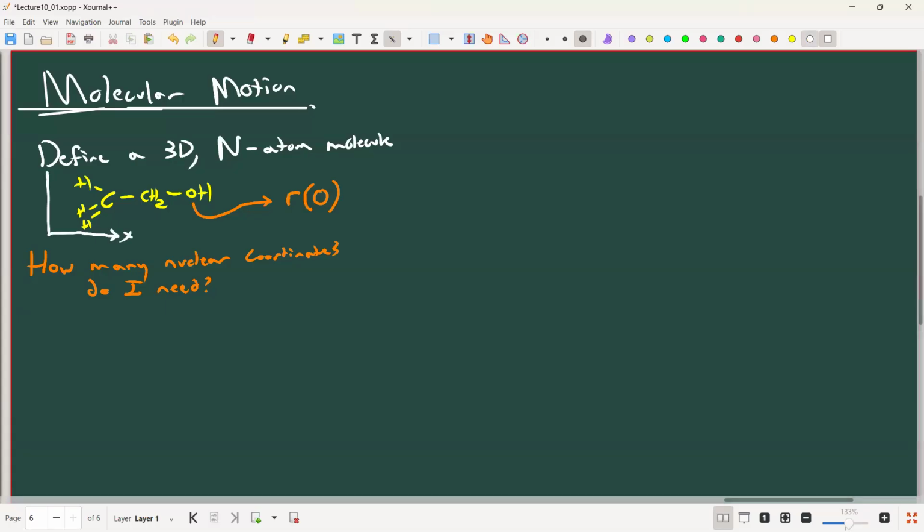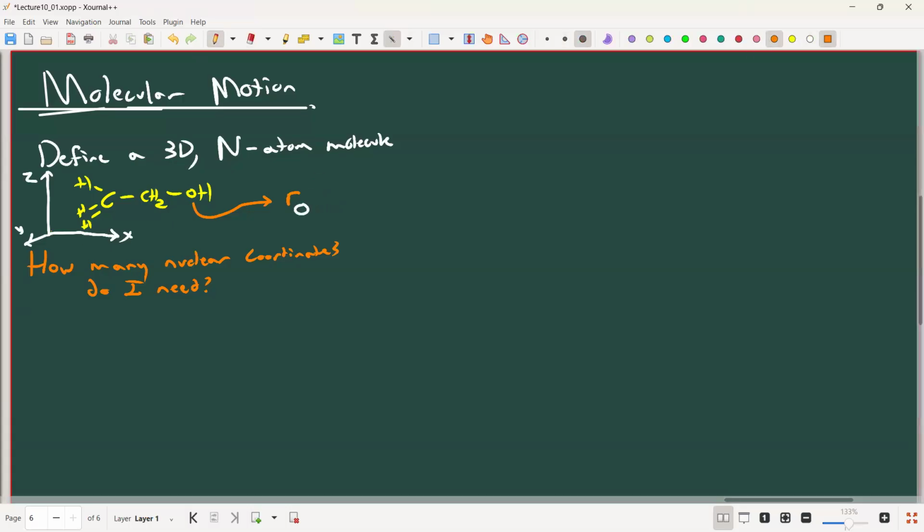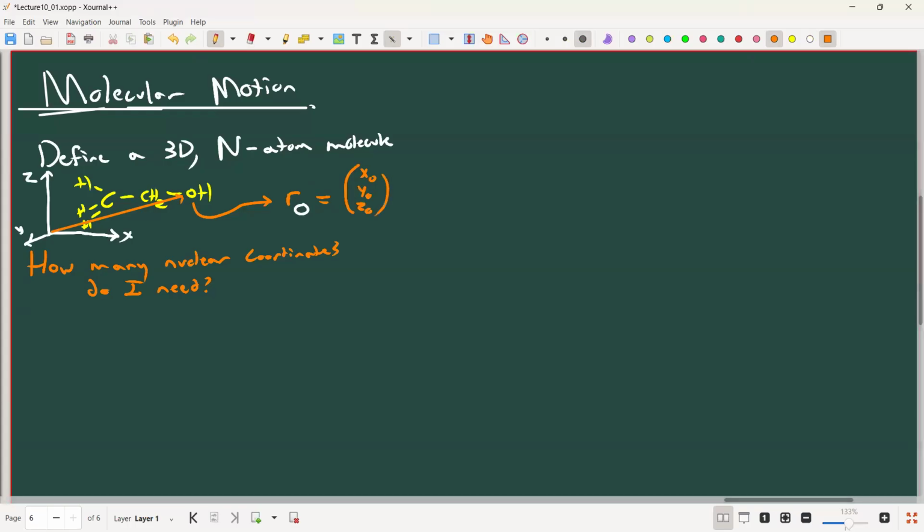I've got X, Y, and Z here. The position of the oxygen, I'll call R_O. I'll draw a little vector. It has three coordinates: the X coordinate, the Y coordinate, and the Z coordinate. So you need three coordinates to define the position of an atom. There are N atoms, so that must mean there are 3N coordinates.